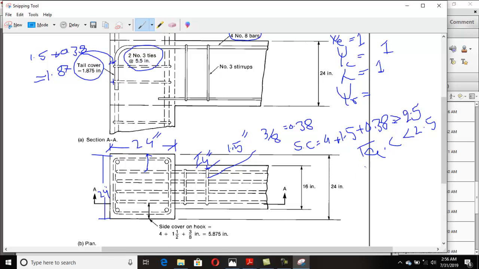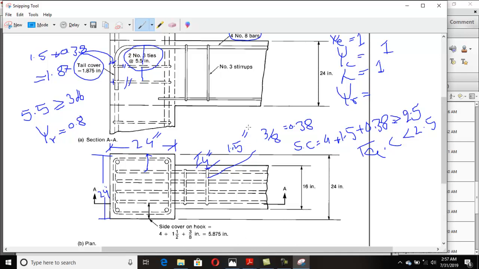The ties which you are seeing here, this one and this one, these two ties are placed at a rate of 5.5 inch. Now stirrups are given. We check whether this spacing is greater than or equal to 3 db or not. If it is greater, then your psi r factor will be 0.8.